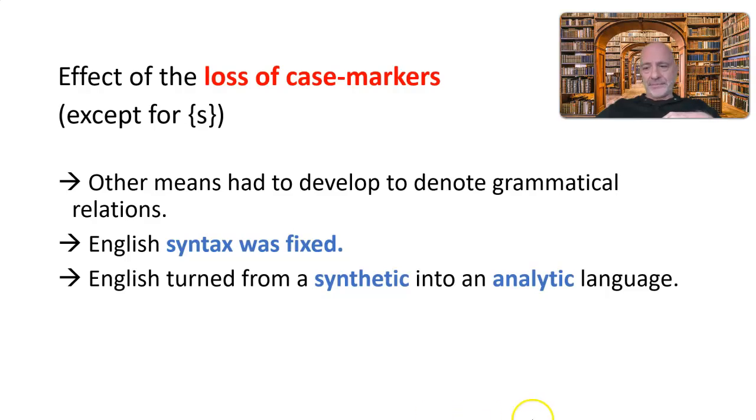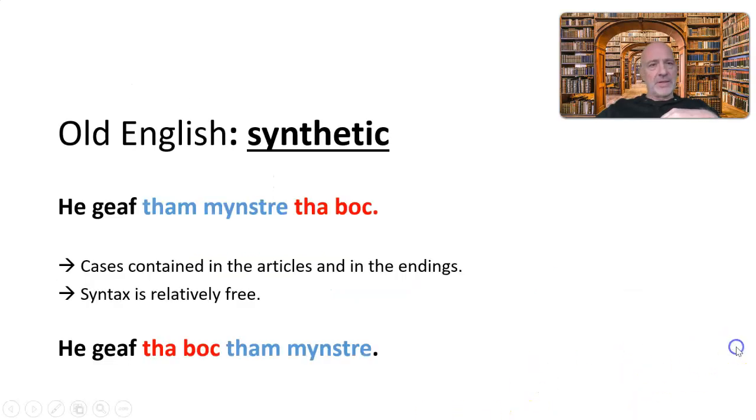Let me see. Here we go. Old English. What sentence of Old English? He gaf the minstrel the bog. This would be an Old English sentence, which is easily translated: He gave the cloister, the monastery, the book.